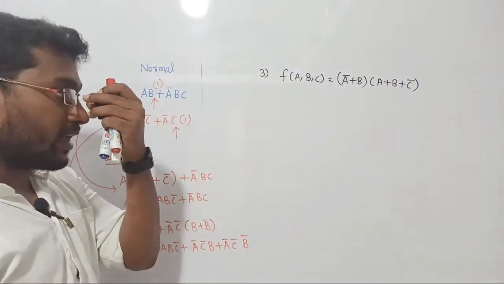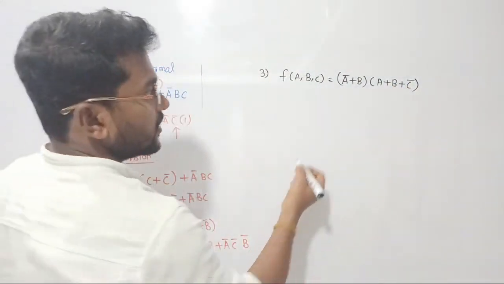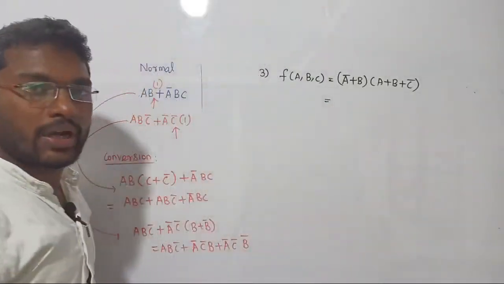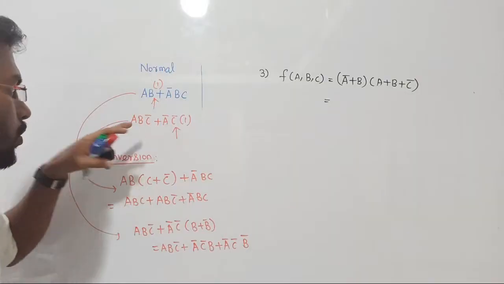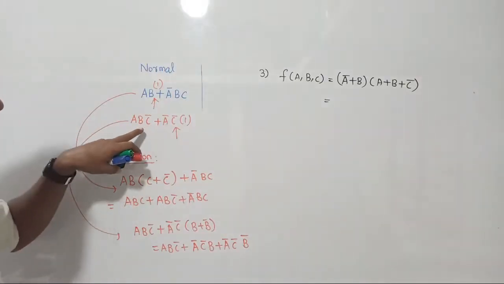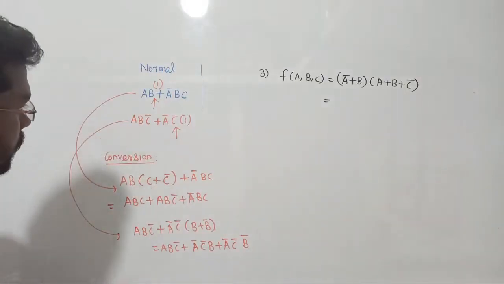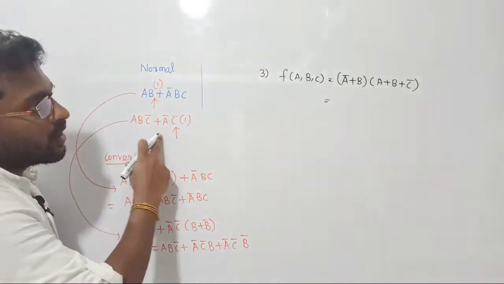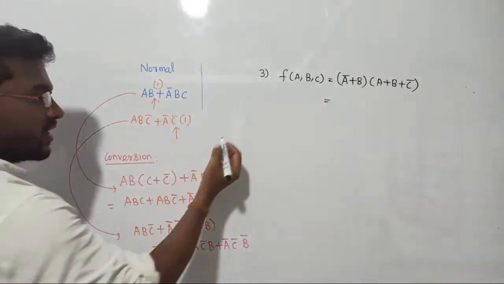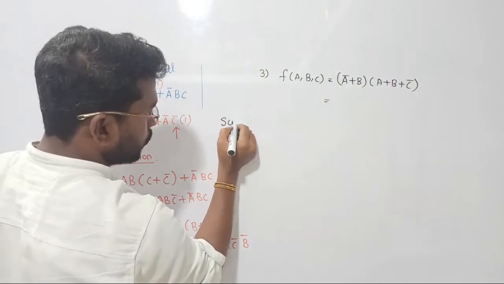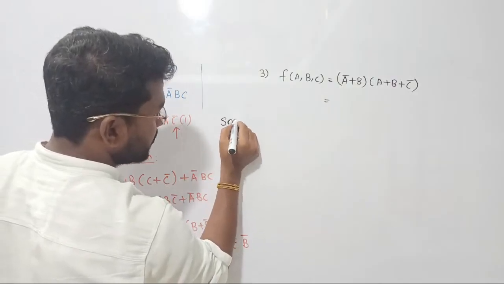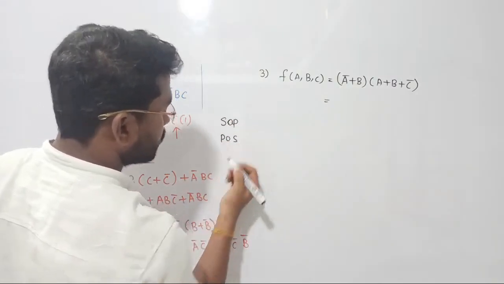Now what is happening here? The thing is, see there, it is in another form, right? This is called sum of product and this is called product of sum. I will explain all those things soon. What is the difference between sum of product and product of sum?